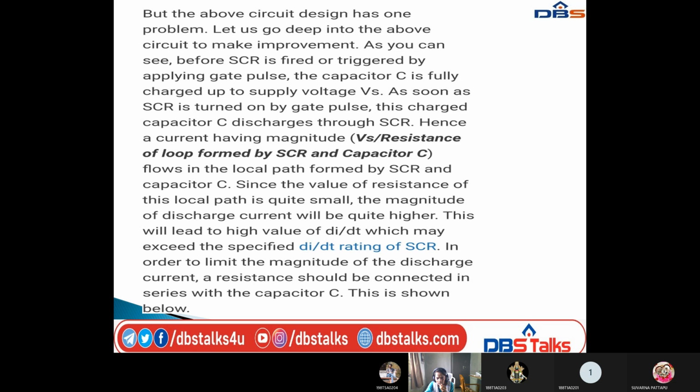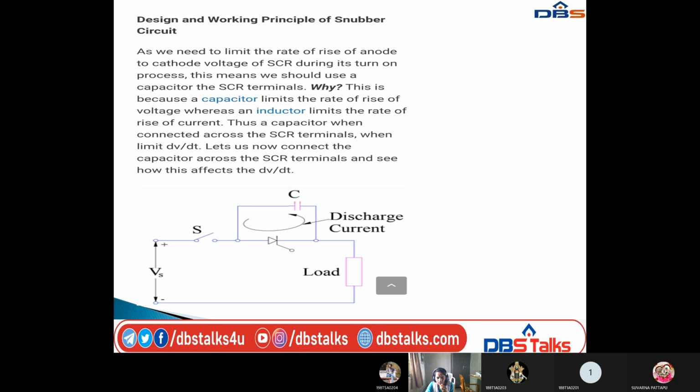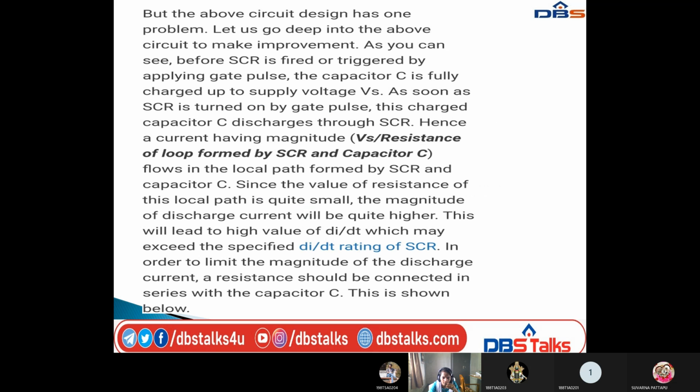So here we have connected the capacitor across the SCR. Whenever we give supply, this capacitor will be fully charged to the supply voltage and discharged through the SCR. Due to this current, it will lead to a high value of di/dt, which may exceed the specified di/dt rating of the SCR.